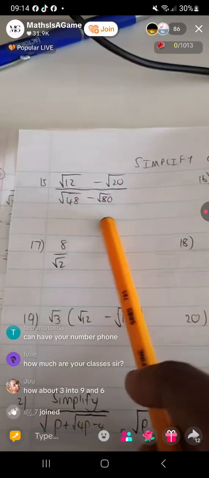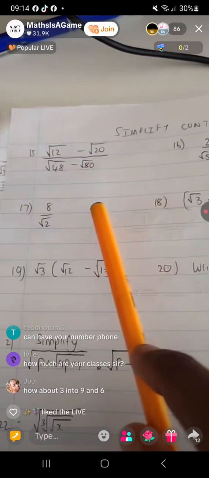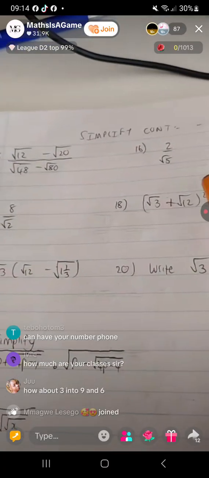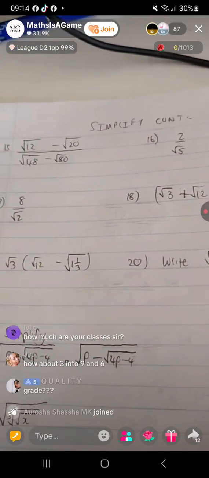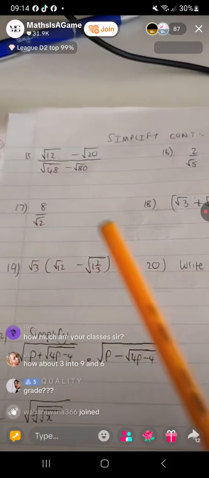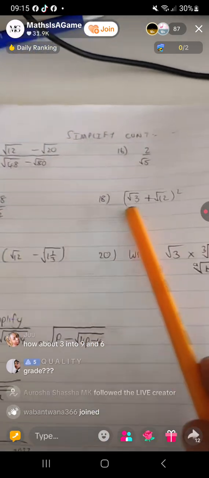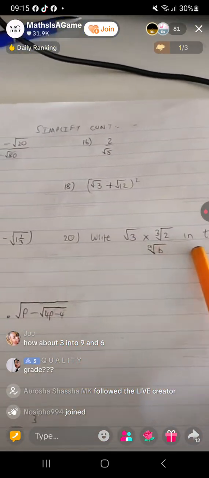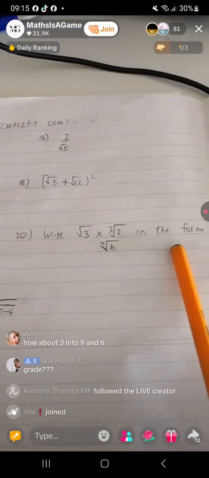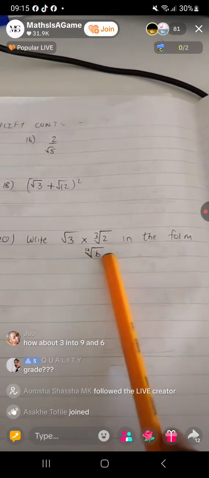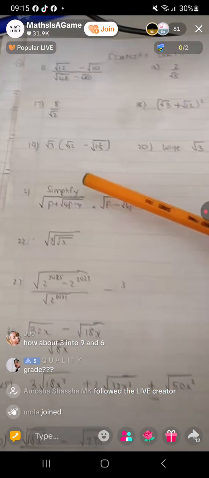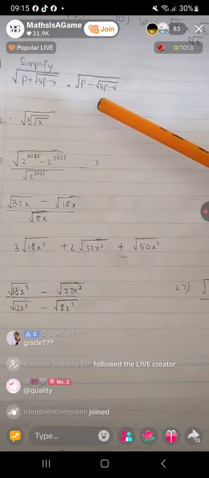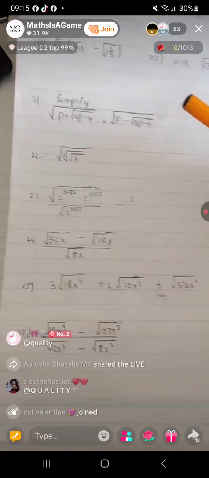We did this one because I wanted to introduce us to the whole concept of rationalizing the denominator, grade 11s. Please, these are for you to do: simplification. Write this in the form of that. Here we have more. Yeah, please, guys, you can get cracking for yourself.